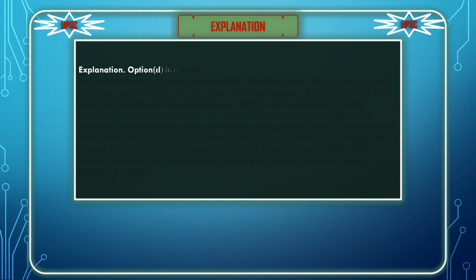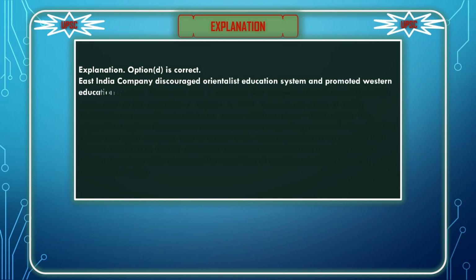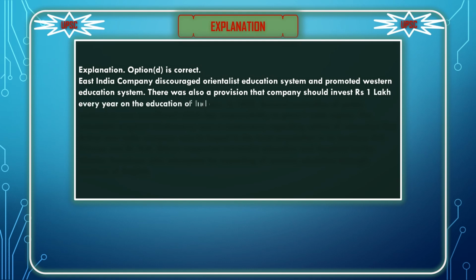Explanation. Option D is correct. East India Company discouraged Orientalist education system and promoted Western education system. There was also a provision that companies should invest 1 rupee lakh every year on the education of Indians.